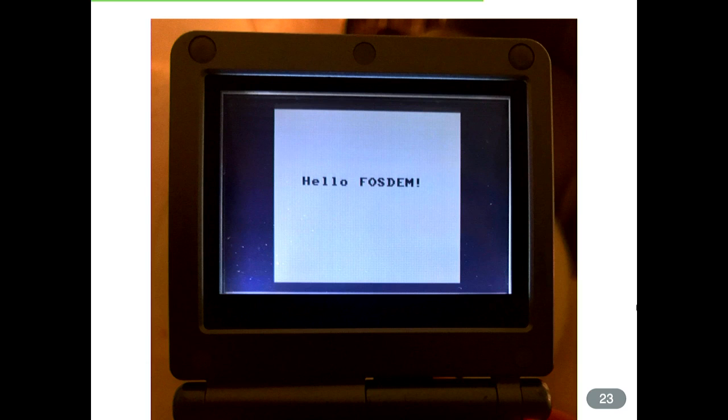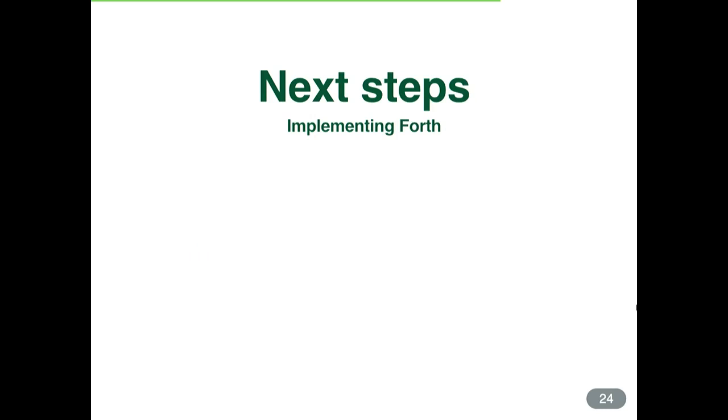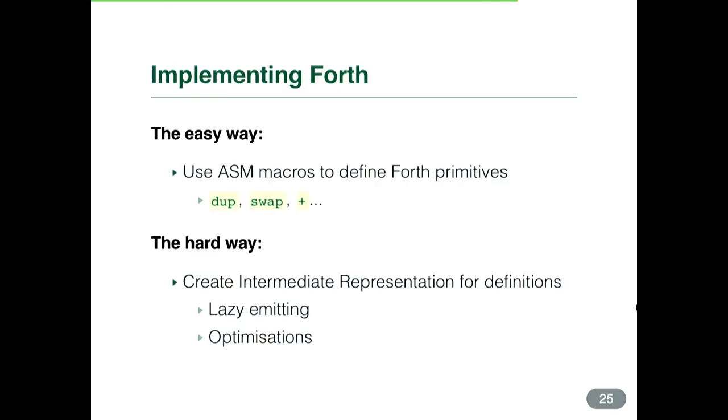Of course, this is not where the story ends, because this is just an assembler in the end. We want to take it a bit further and implement Forth completely for the Game Boy. So ideally, you wouldn't want to have to work with assembler at all in a project. There are two ways of doing this.